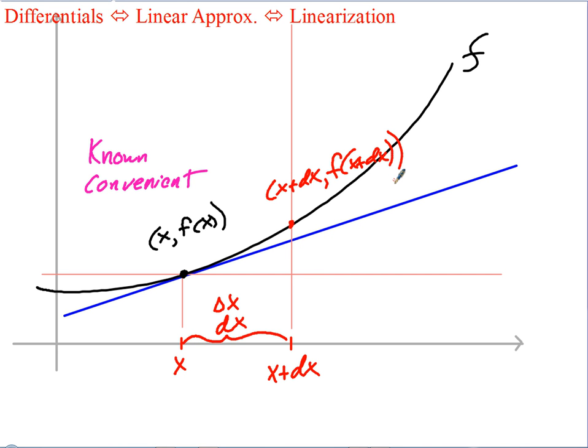Now let's focus on this, so this would be the actual answer. If I had some function and I want to know how much the function actually changed when I tweaked x, when I scooted x over dx or delta x, I could just plug that new value into the function and find out. And then I can subtract the two and find out how much the function changed, because sometimes that's what I want to know.